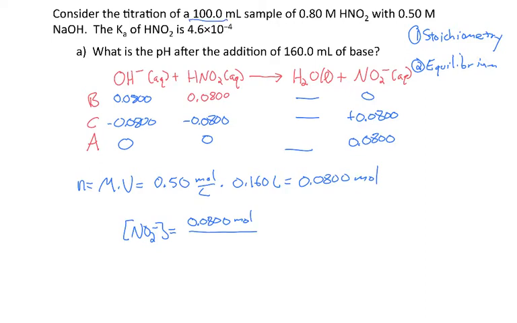So I started with 100 milliliters of acid. I added 160 milliliters of strong base, so my total volume is 260 milliliters, or 0.26 liters. All right, so when I do that calculation, I get, all right, and so we'll continue with this problem on the next slide.